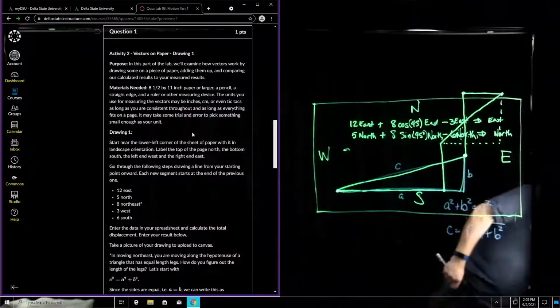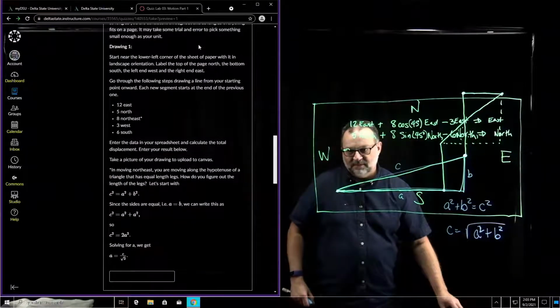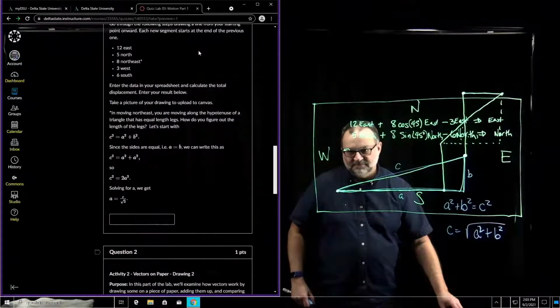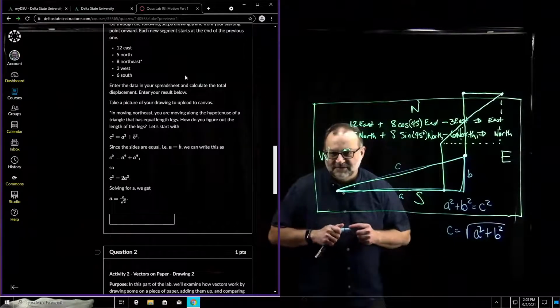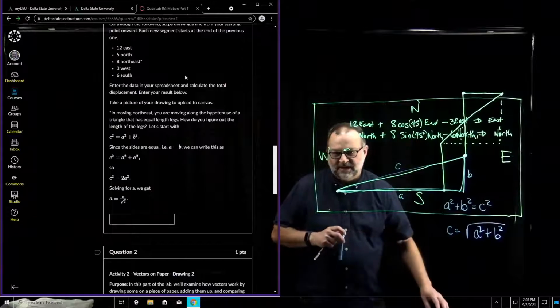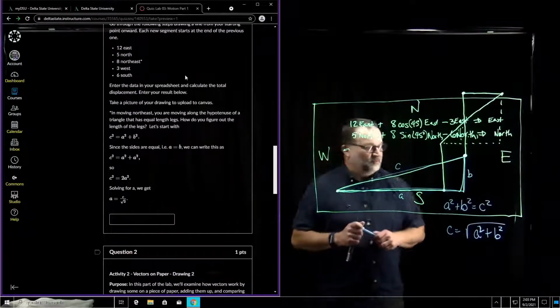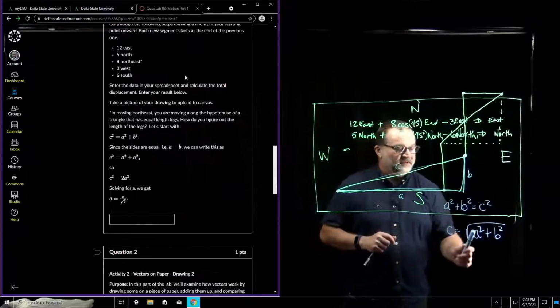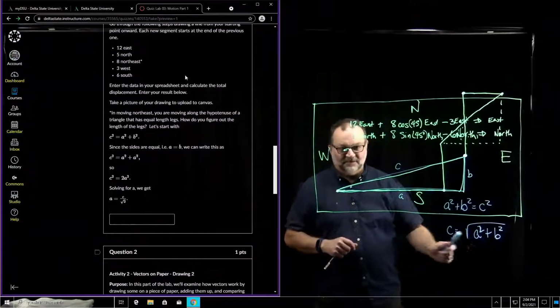Let me scroll down a little bit, grab the mouse. All right. And so, what does it ask? Take a picture, drawing, upload it, calculate the total displacement, enter your result below, right? So the total displacement comes from the Pythagorean theorem, right?